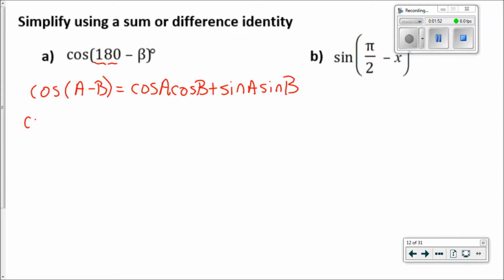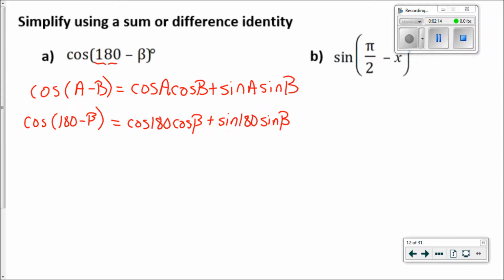So the cosine of 180 degrees minus beta is cos 180 cos beta plus sine 180 sine beta.